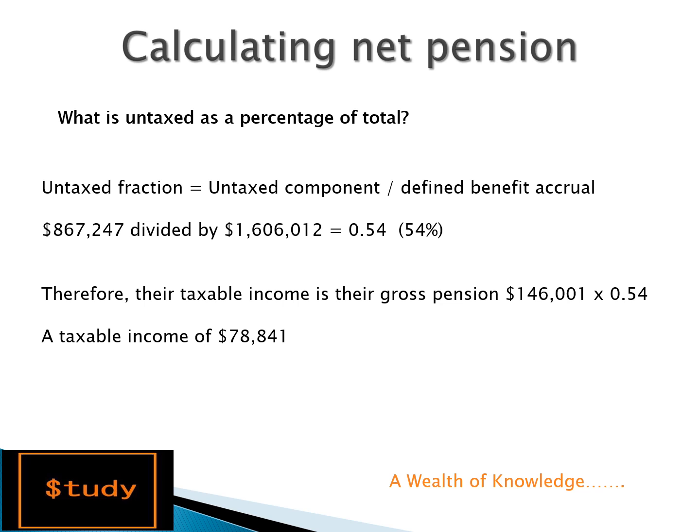So 54% of this rather pleasant pension needs to be taxed. They'll take the $146,001 gross pension, multiply it by 54%, and therefore the taxable income is now $78,841. That puts them into the 32.5 cents in the dollar tax bracket.